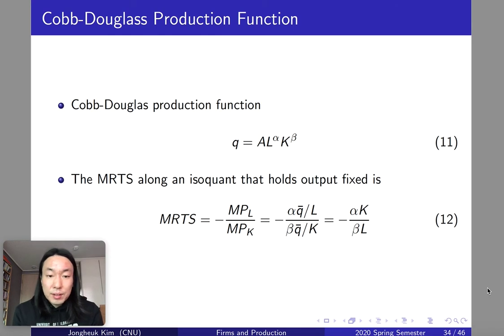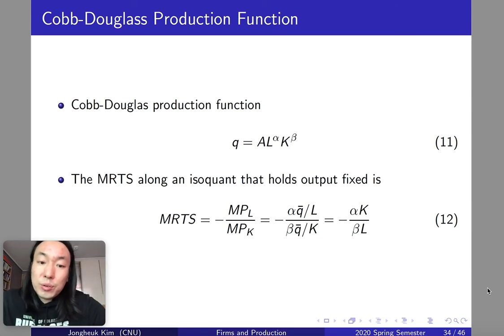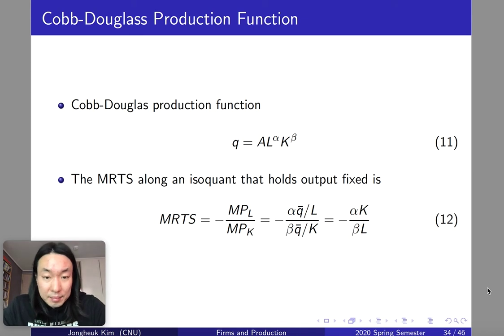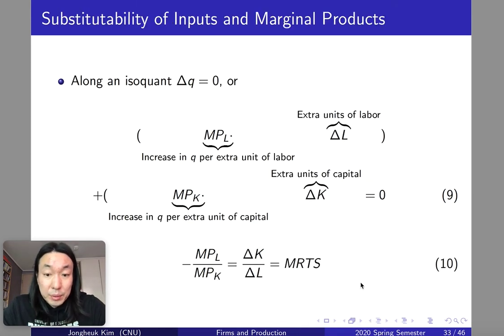The MRTS will be equal to delta K over delta L. But from equation number 10, it also equals negative MPL over MPK, right?